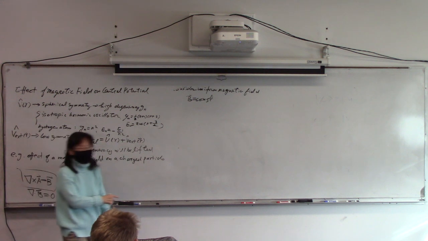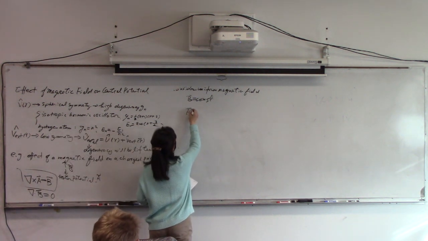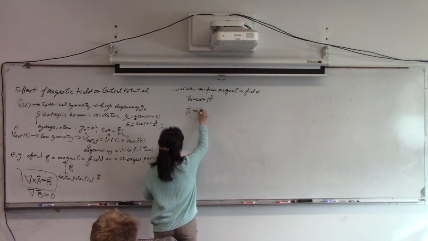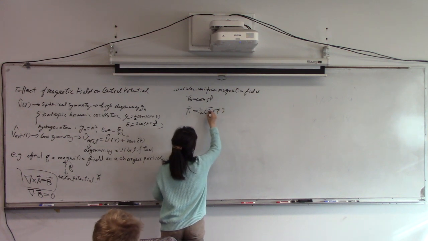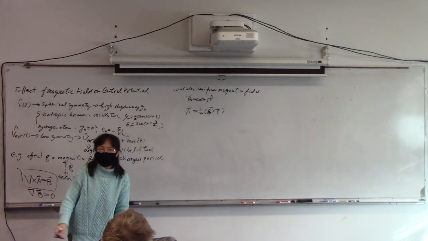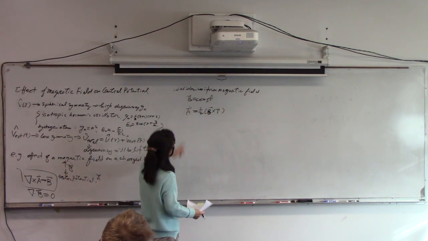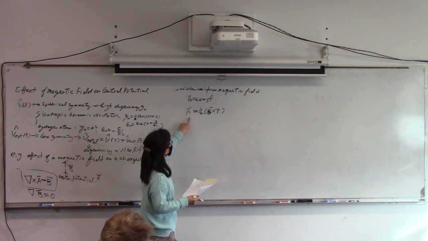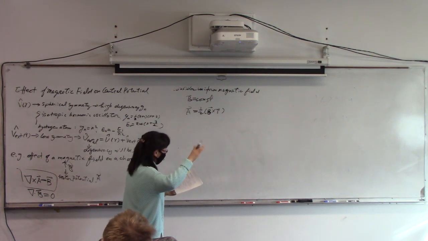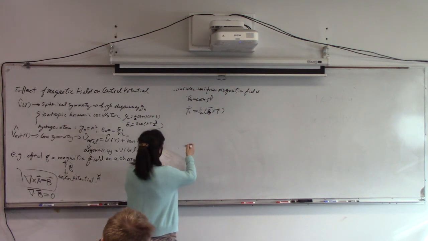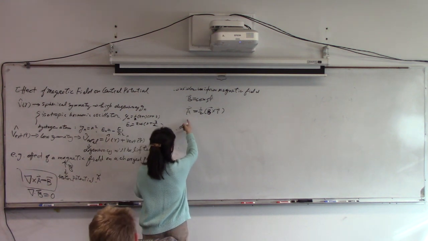Who remembers? Half of B cross product R. Remember this? You can prove that; I leave you to prove it yourself because this is just mathematics. I just give you the property.